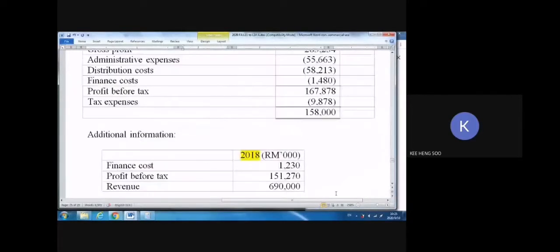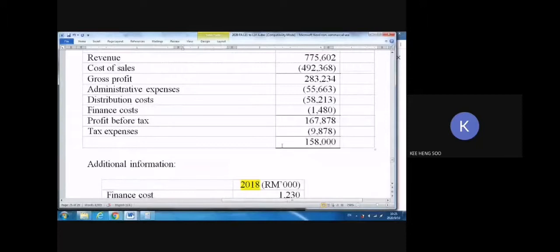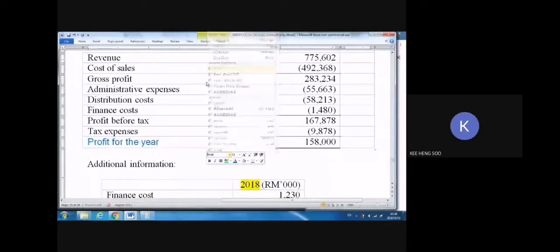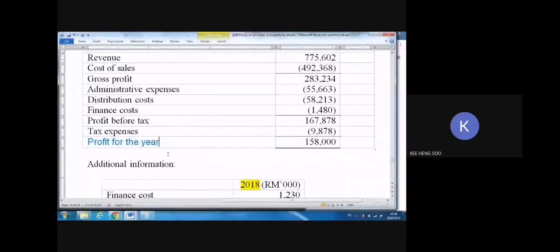Current year profit is here, 158. Current year profit is 158. It is profit for the year. Can you write down? This is profit for the year. 158.